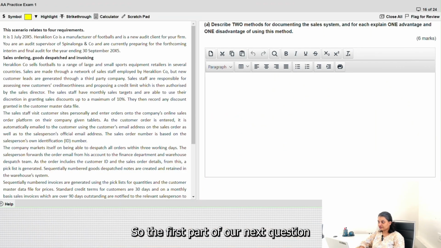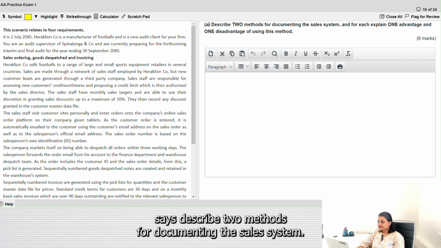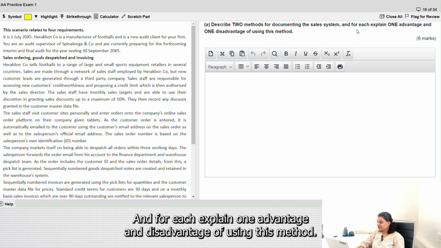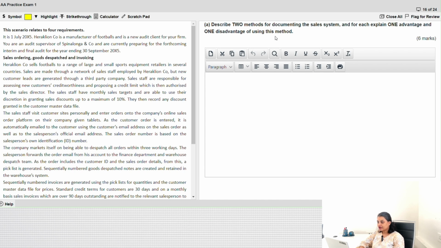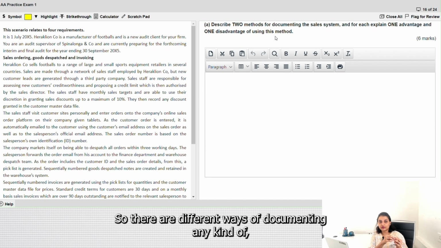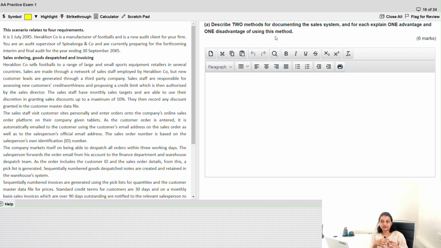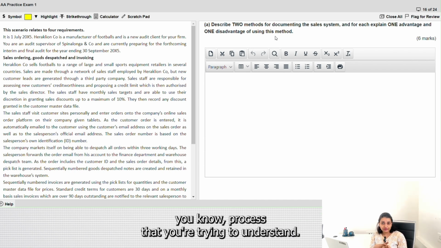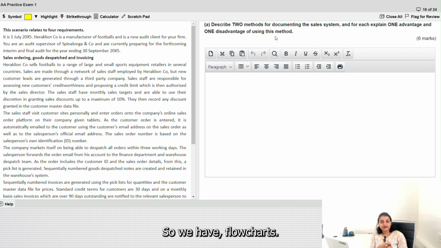So the first part of our next question says, describe 2 methods for documenting the sales system, and for each explain one advantage and disadvantage of using this method. Now this is a very direct question. So there are different ways of documenting any kind of process that you're trying to understand. So we have our flow charts.